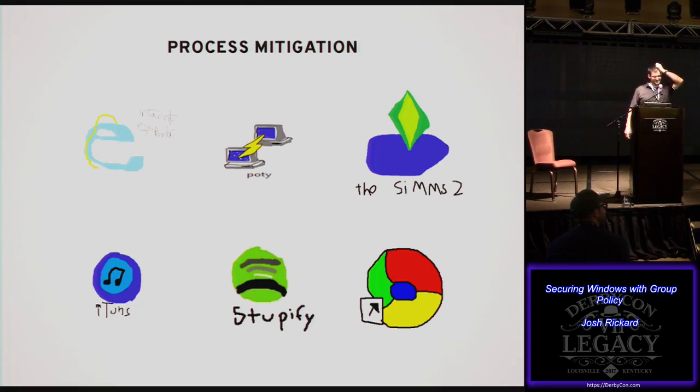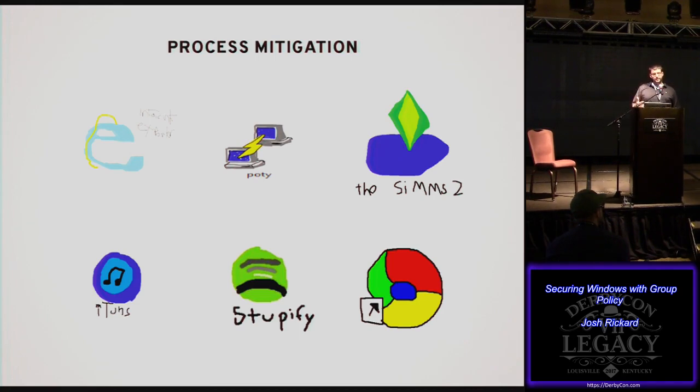Stupid bad. So with Windows Server 2016 and Windows 10, there's a new group policy setting that you can use, and it's called process mitigation. Anyone here ever heard of EMET? Yeah, everyone's heard of that. So this is a new feature for the newest version.